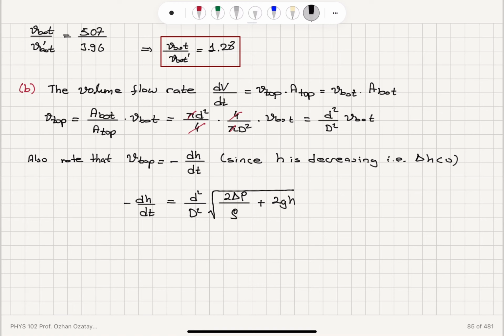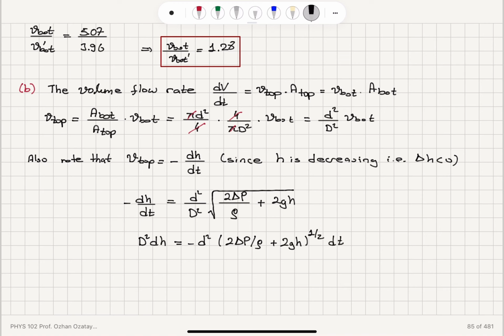Now, if I multiply both sides by minus 1 and capital D squared and dt, I see that capital D squared dH is equal to minus d squared times the square root of 2 delta P over rho plus 2gH, to the power 1/2, dt.